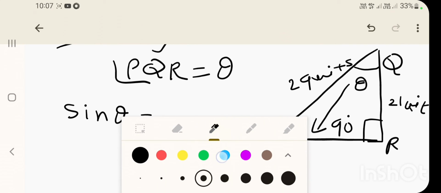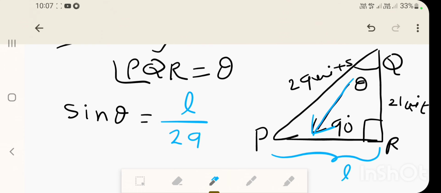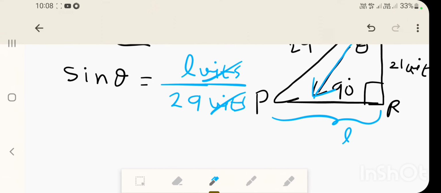Opposite to theta here is PR, which is not given. So the length of PR is L, divided by the hypotenuse length, that is 29 units. L is also units, so we have L units divided by 29 units. Units will get cancelled. It can be centimeters, it can be millimeters, it will get cancelled.